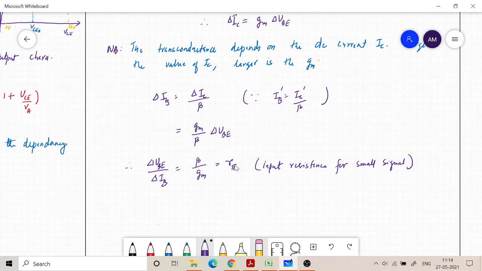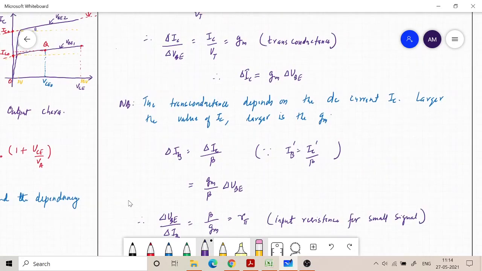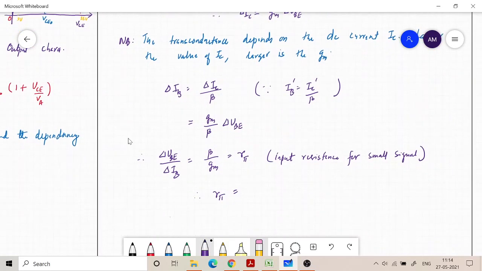Its value is given by r pi, and if I substitute gm as IC by VT, it is beta divided by IC by VT. So I will get beta VT divided by IC. So that is going to be the input resistance.